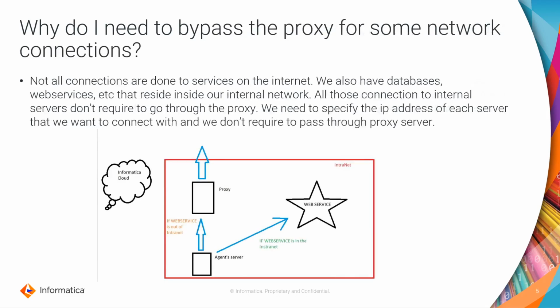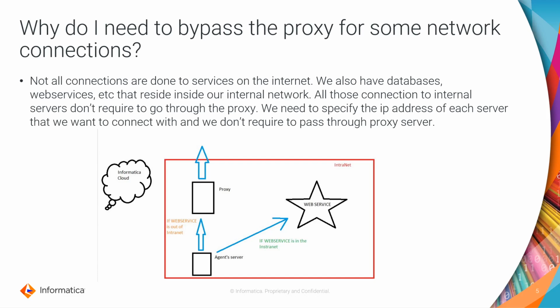But sometimes you will have some servers, for example, a database or any web service, that don't live in the outside world. They are inside your internal network. And you don't need to go to the proxy to communicate with those services. Because you configured the secure agent to go to the proxy, basically every single connection will be forced to go to the proxy.